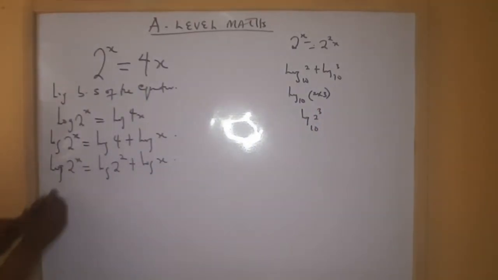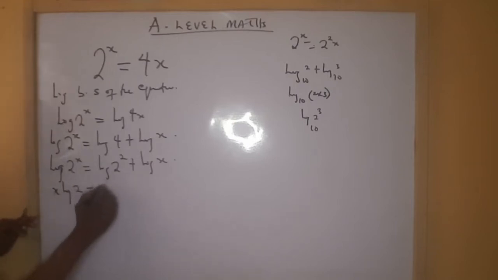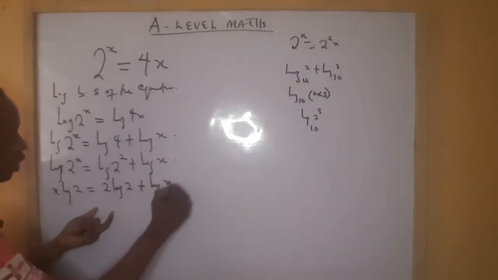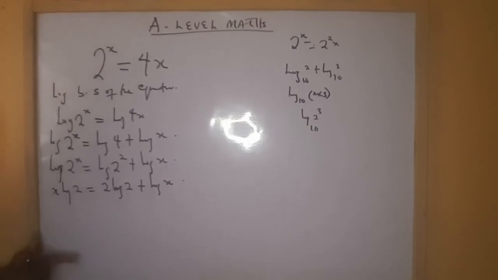If I apply it here, I'm going to have x log 2 for this side equals 2 log 2 on this side, plus log x on this side. So you observe clearly that we have two expressions here that have the same log 2, right? So we bring them together. That's what we refer to as collecting like terms.